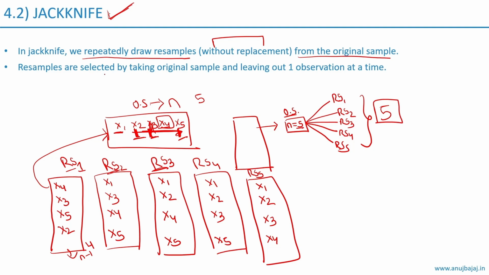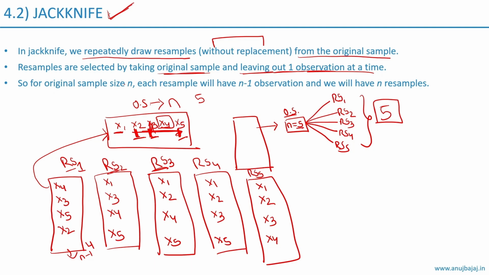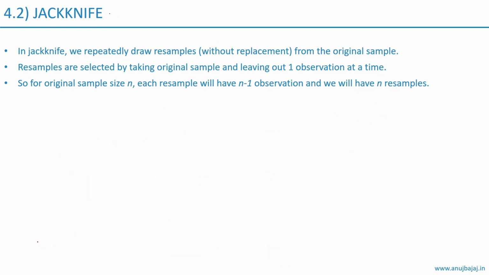So resamples are selected by taking the original sample and leaving out one observation at a time. For original sample size n, each resample will have n minus 1 observations and we will have a total of n resamples. This is how resamples are generated in the jackknife method. The jackknife resampling method is often used to reduce the bias of the estimator.